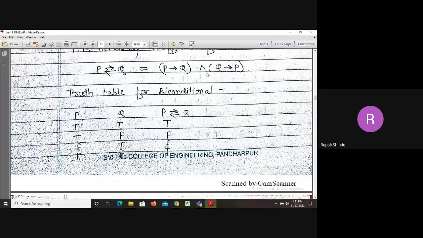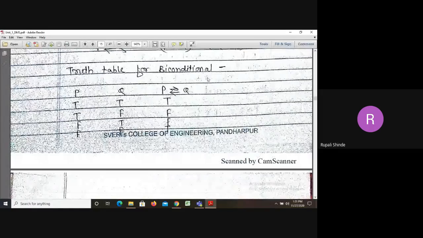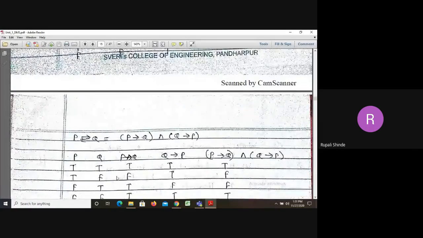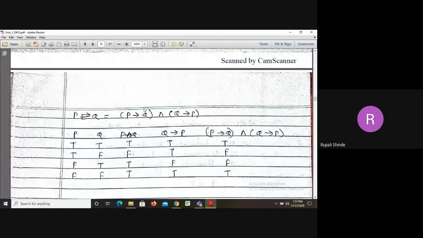Now here we have to form the truth table for this one. The variables are P, Q. Then we have to write P conditional Q, Q conditional P, and last column P conditional Q and Q conditional P. So here values of P are TT, FF, values of Q are TF, TF, then the value for P conditional Q. So what is the value for this conditional?